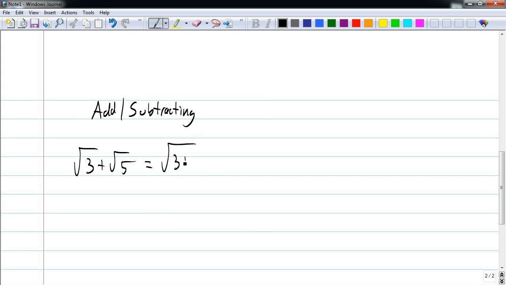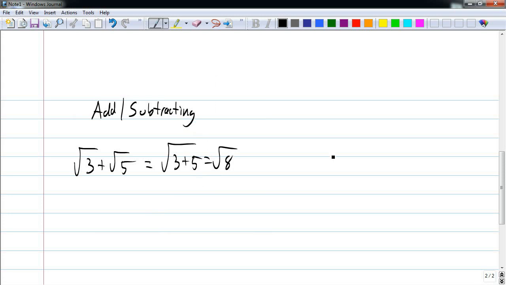So here we go. The bummer about adding and subtracting radicals is that it usually doesn't work. Here's the mistake that every student I've ever had has made: they look at something like radical 3 plus radical 5 and go, oh, I can just add the 3 and the 5, so this is radical 8.